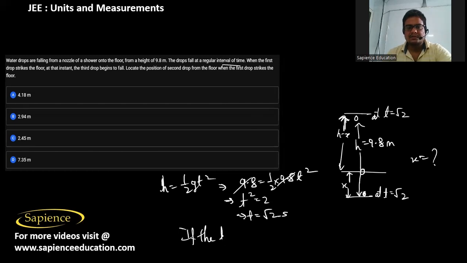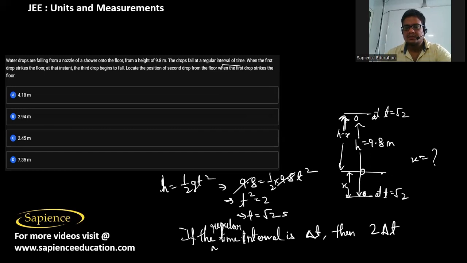So if that regular time interval is, let's say, delta t, then the first ball will start at t equal to 0, the second ball will start at t equal to delta t, and the third ball will start at t equal to 2 delta t.